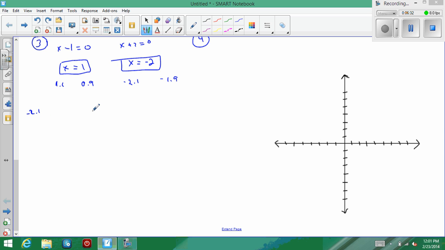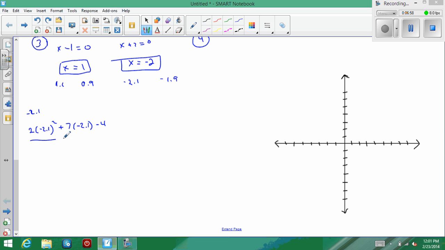And you could plug that into the original rational function, or you could plug that into the factored form. If you plug into the original rational function, you'll have 2 times negative 2.1 squared plus 7 times negative 2.1 minus 4.